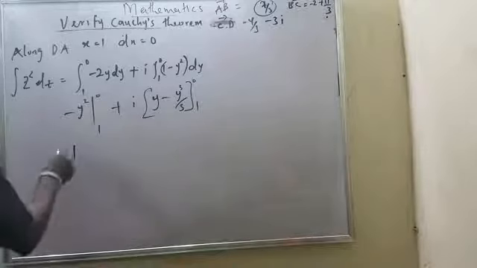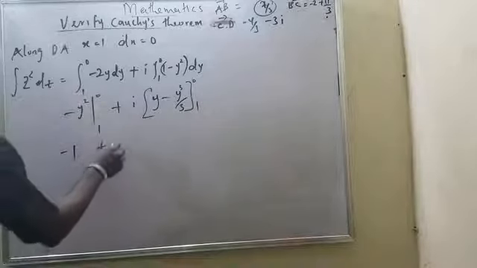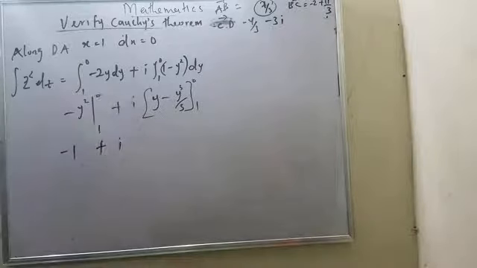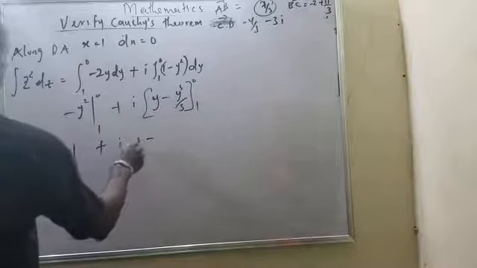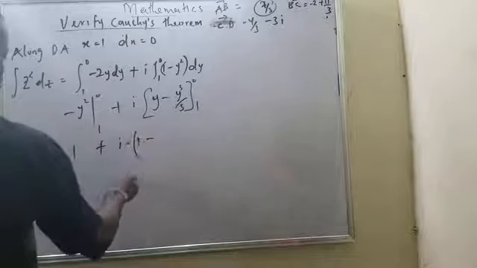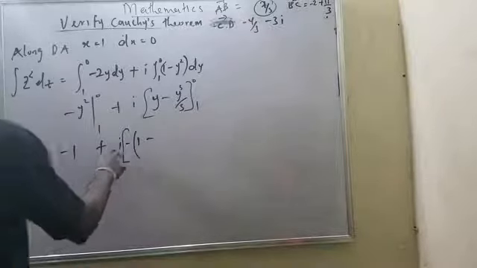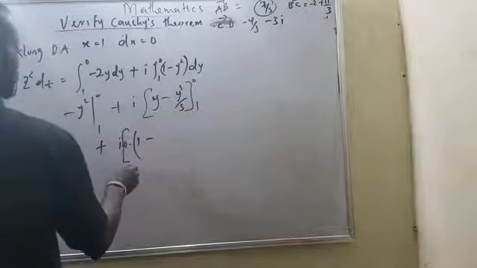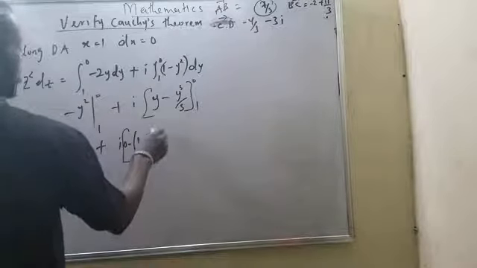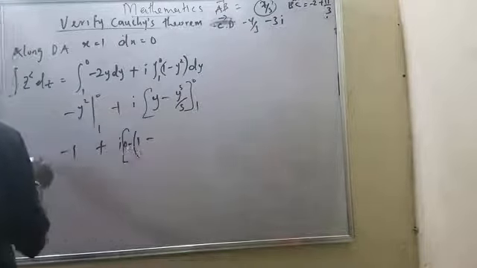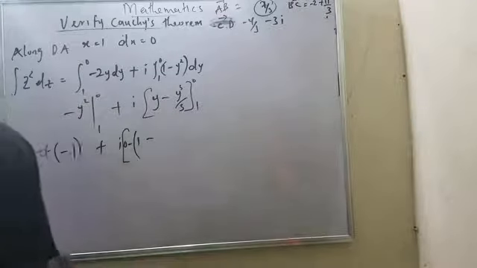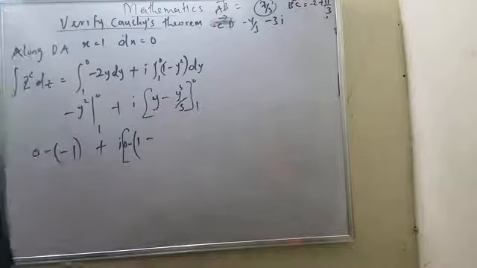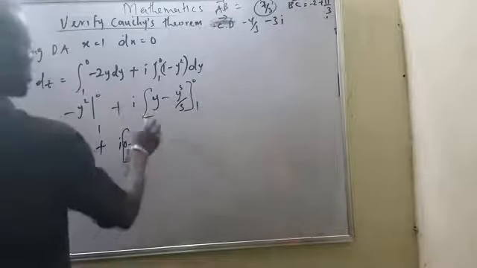Okay, minus 1 plus i, and into the bracket, 0 is always 0, which is 1 minus, because we're having 0 minus, this one also is 0 minus, please take note of that, because it is upper limit minus lower limit. That is what we are talking about here.